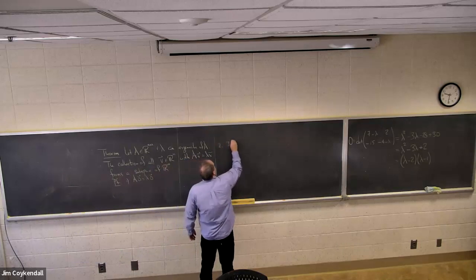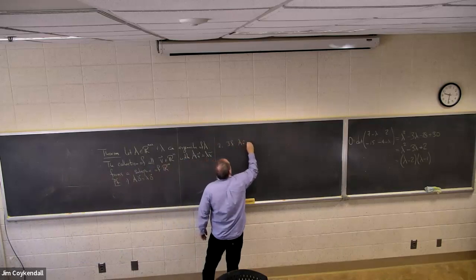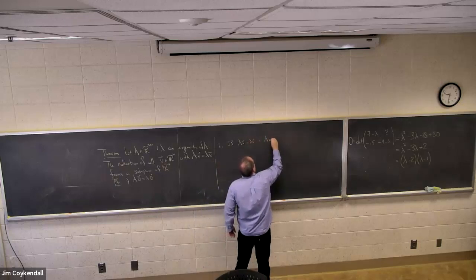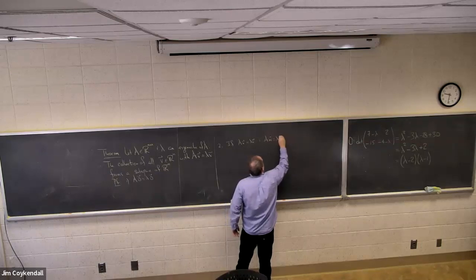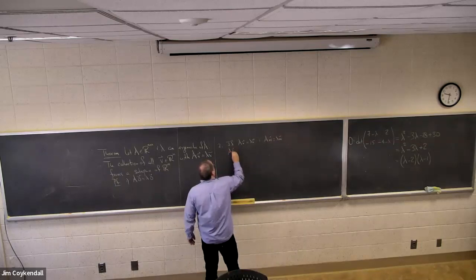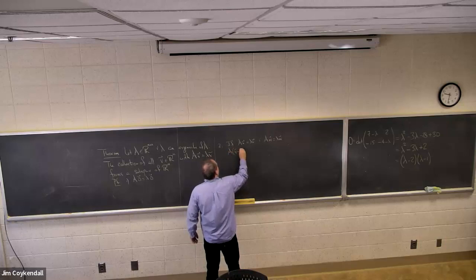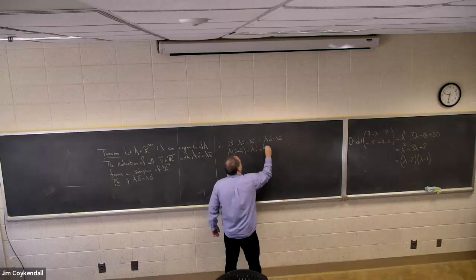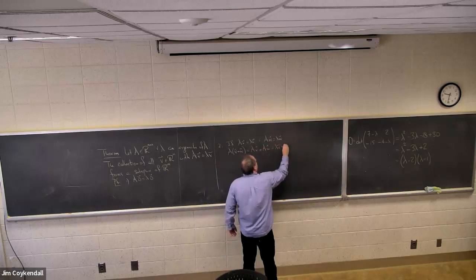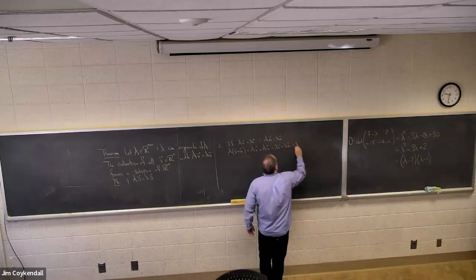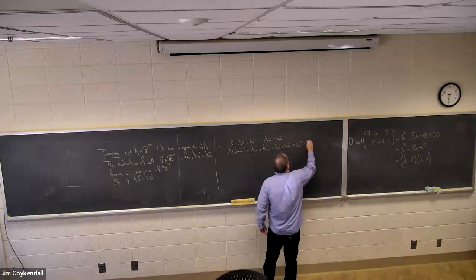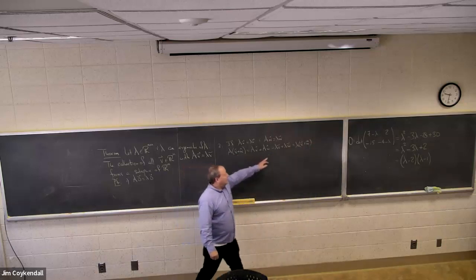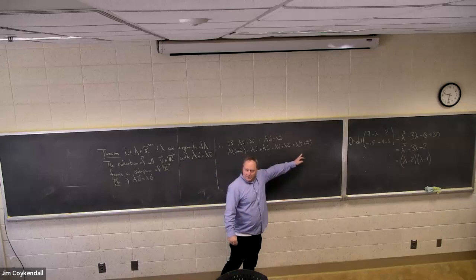Second, if AB equals lambda B and AW equals lambda W, then A of B plus W is AB plus AW, which is lambda B plus lambda W, equals lambda times B plus W. So B plus W is also an eigenvector for lambda.